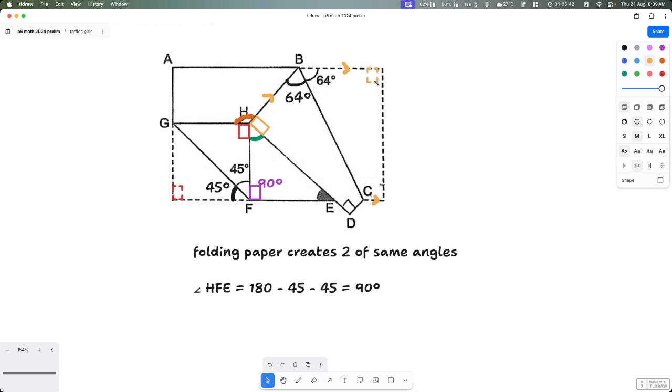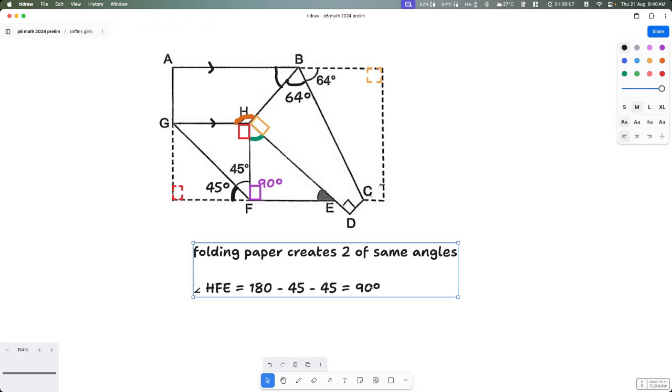Then we can get this angle, this one. The trapezium part is better to do here, since this is parallel. Once we get this black angle, we can get this orange angle.